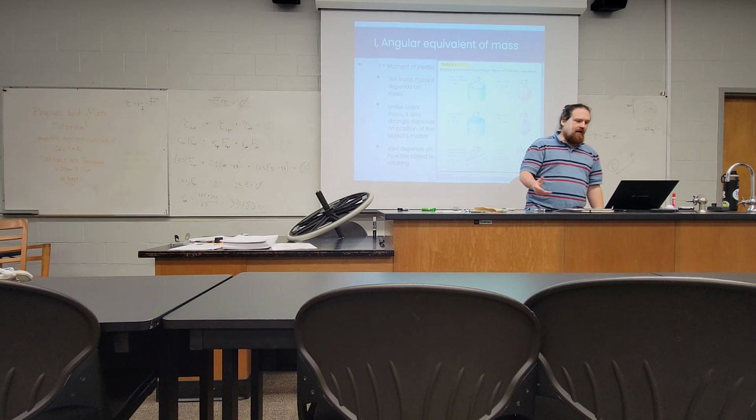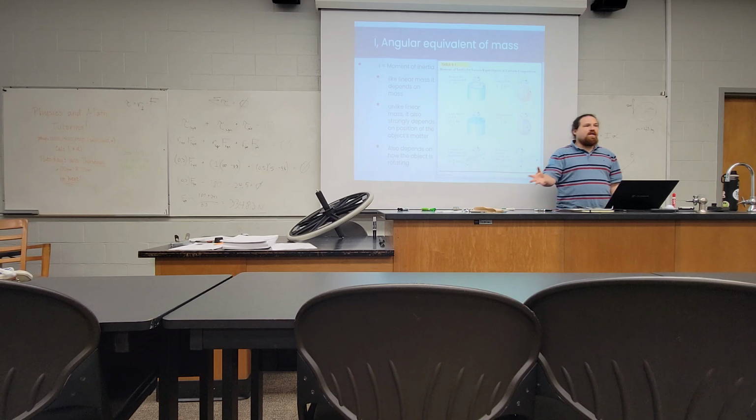So mass m, its counterpart in the angular world is moment of inertia I. And moment of inertia is a measurement of how easy it is to make something spin through a specific axis, based on axis of choice and also its shape.